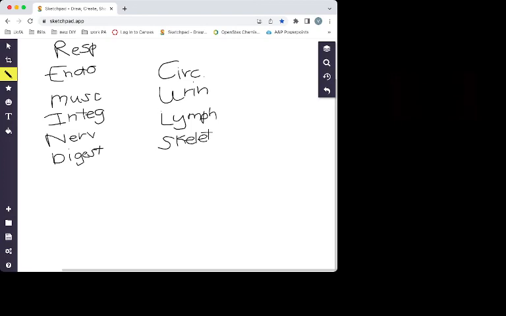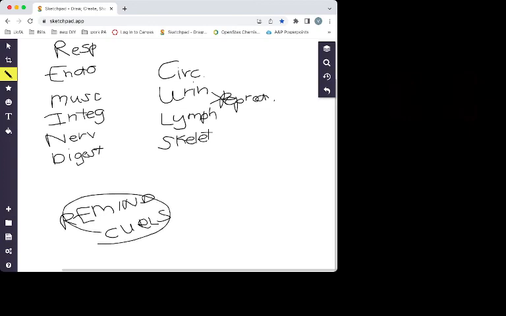And I'm just realizing I forgot the R here, which would be the reproductive system. If you look at all of the beginnings of these words, you get the word Remind Curls. That is a little mnemonic to help you remember all of the body systems.